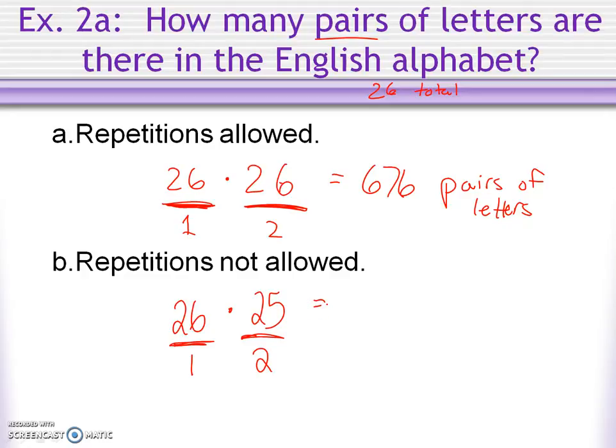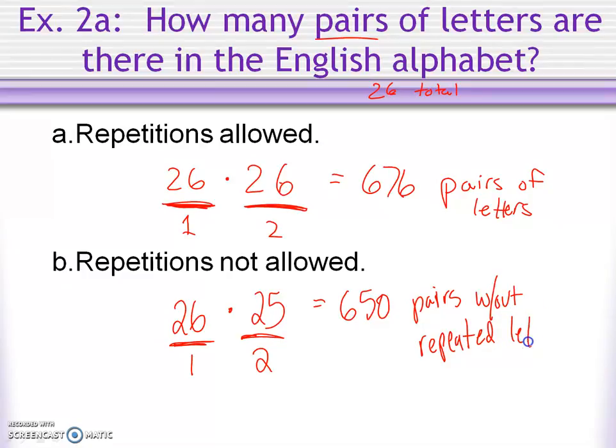So just multiply 26 times 25 to get 650 pairs without repeats, repetitions. So again, if you chose A in the first slot, you would not be able to choose A for the second slot because that would be a repetition.